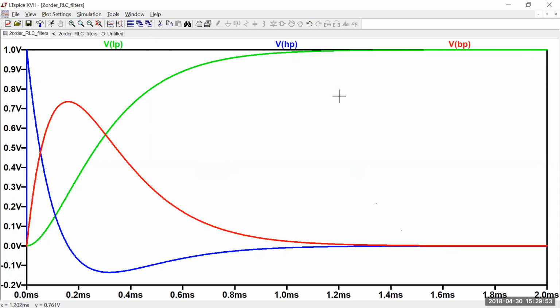So bandpass filters, it rejects low frequency, it rejects high frequency, right? Well, it kind of has, at the start, it's increasing, kind of like the low pass, and at the end, it's going towards zero, kind of like the high pass, right?